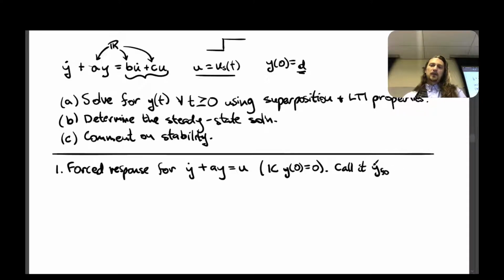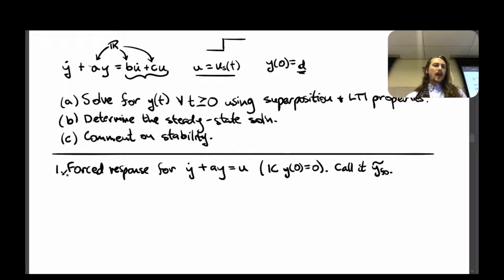Let's do tilde on it, because the forced response of the entire thing is what happens when the input is included in this entire forcing function, right? So the tilde is the version that corresponds to this equation. Okay, so let's do that first.